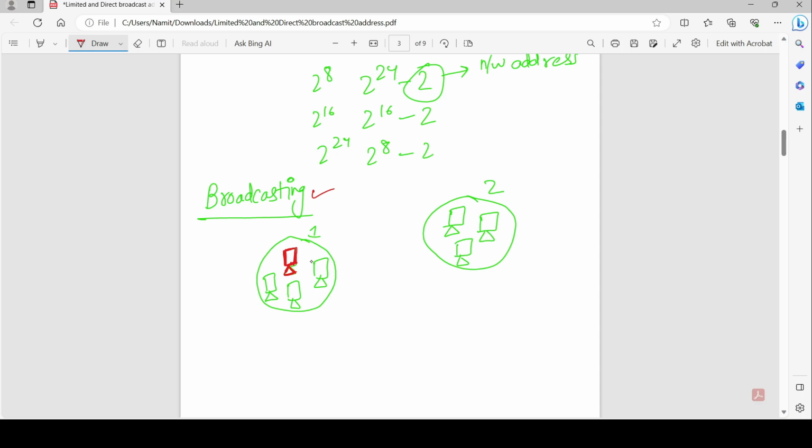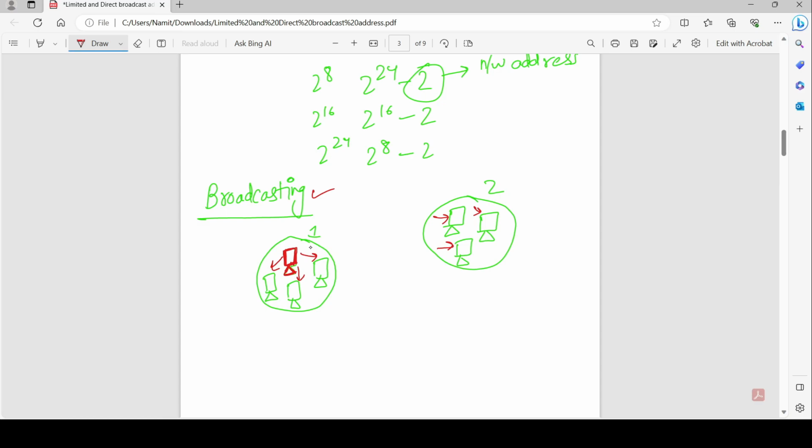Those devices can be within the same network. That is one possibility. And all devices can be in another network as well. That is another possibility. Are you getting my point?